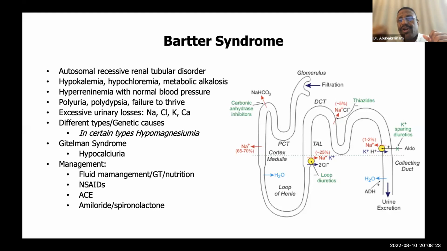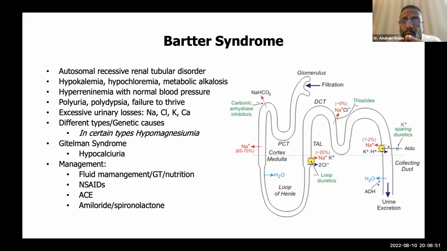What we call a salt-wasting tubulopathy, where the tubules are wasting sodium, chloride, potassium, and sometimes calcium. That's why these patients develop hypercalciuria, and their sodium and potassium are affected. These patients are prone to hyponatremia, hypochloremia, and metabolic alkalosis.